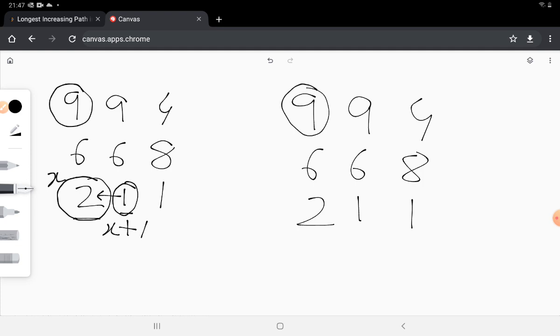So in this case, the longest increasing path would be just of length 1, because it's only the 9. Then we move to the next cell 9. Similar situation over here. We cannot move anywhere from here, so this is of length 1.